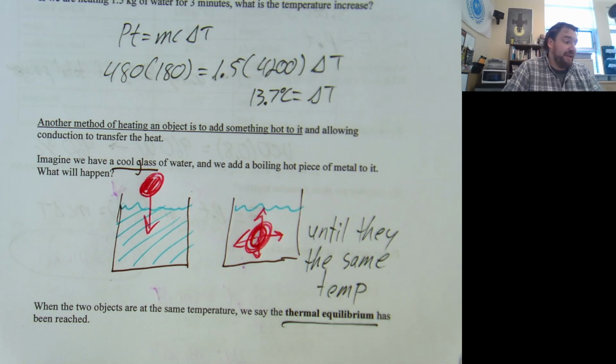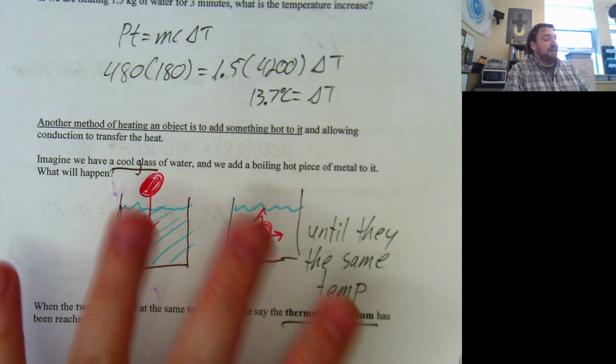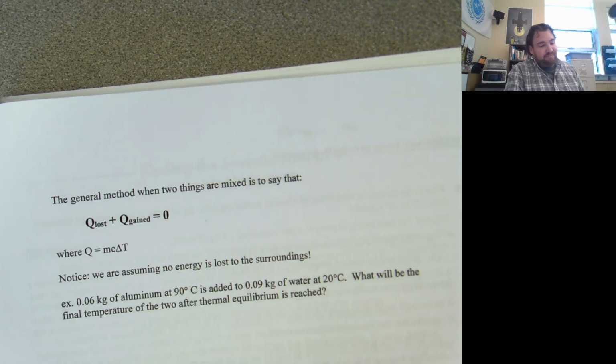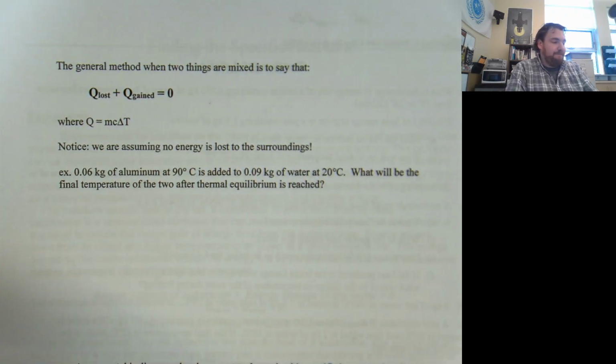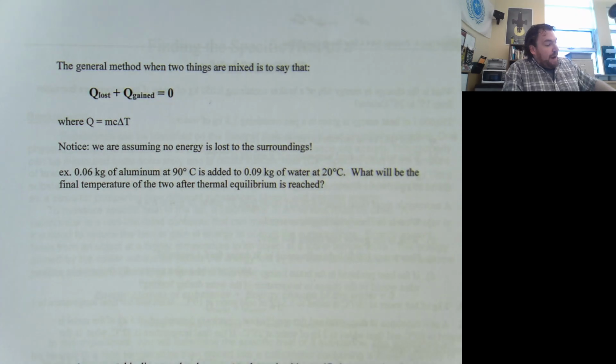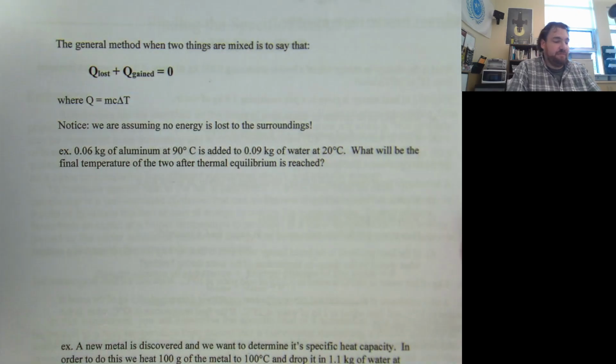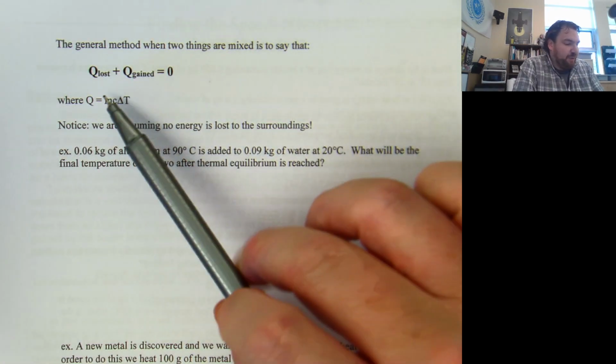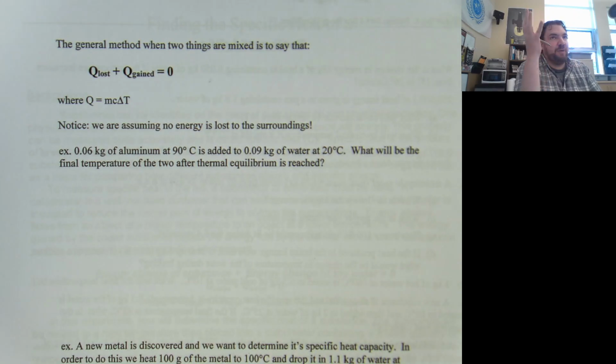So when you're ready, flip the page. Let's look at the math behind this kind of thing. When you're mixing two objects together, we can look at it this way. You take one hot object and put it into another, or a cold object into a hot thing. Do this at home all the time.